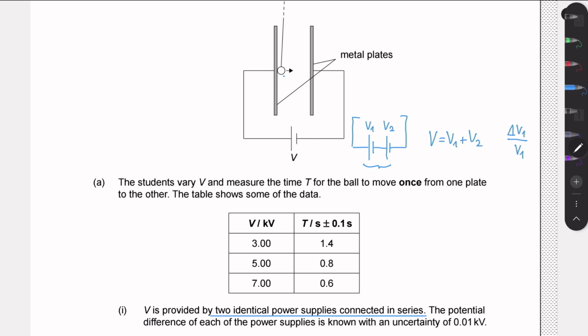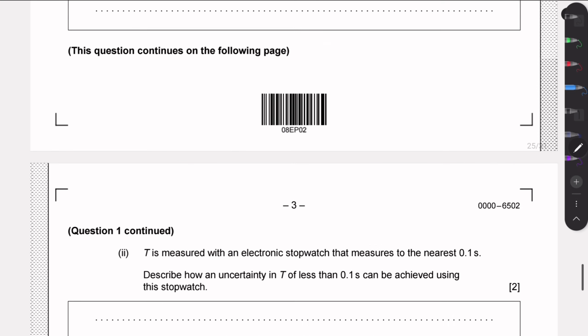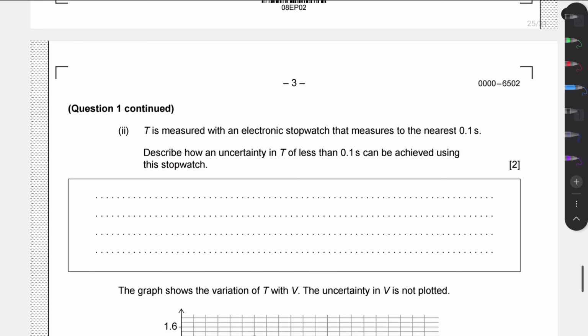What we can do is let the ball bounce multiple times and let the stopwatch running. So maybe we start the stopwatch over here, we let it bounce maybe 10 times, and then we stop the stopwatch. And then we divide this recorded time by 10, and then the uncertainty will be lower because we're measuring the average time basically.